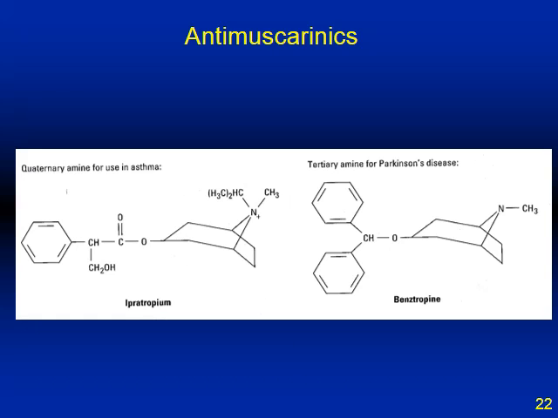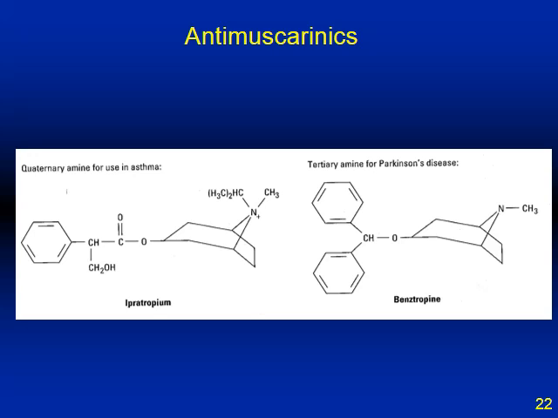If we look at ipratropium here on the left, we see there's a quaternary nitrogen, and this is another drug. It's used through inhalation, gets into the lung, works in the lung, works to prevent bronchoconstriction and to decrease secretions by glands that line the bronchi.